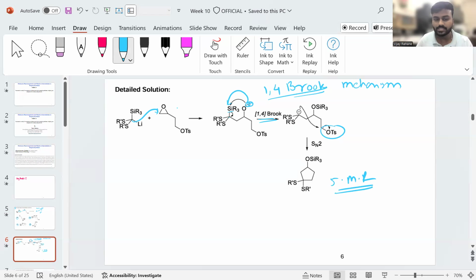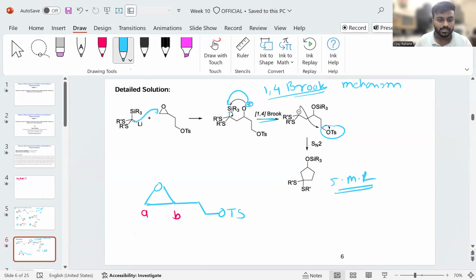So here, if you look at the mechanism, there are three things that we need to notice. The ring opening of this epoxide takes place. There were two possibilities, so why does the attack take place on this A position and not on the other available position?